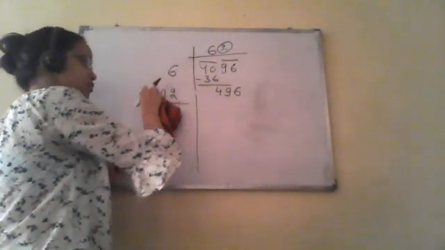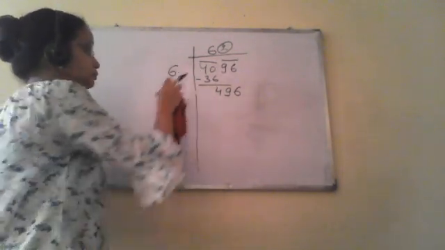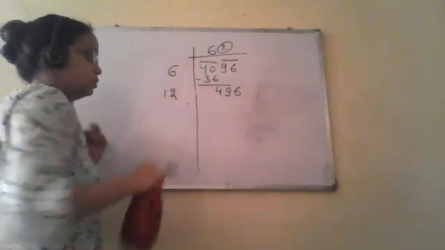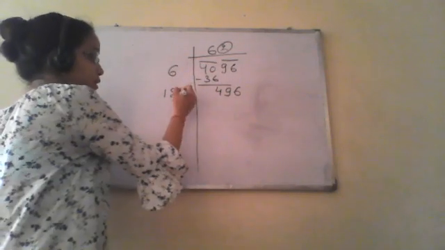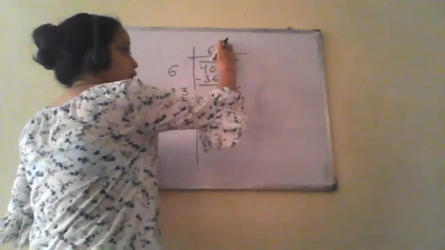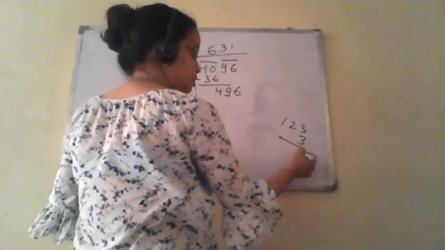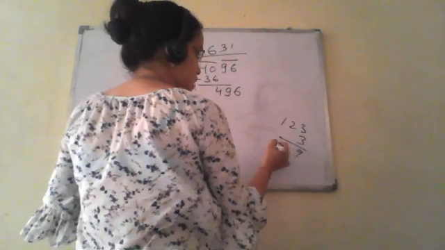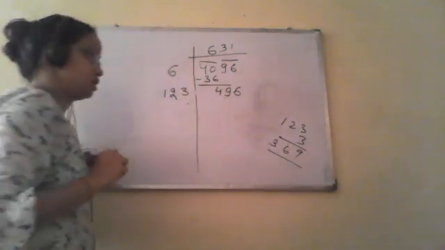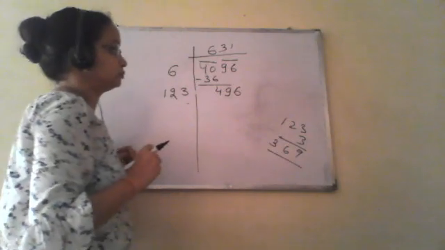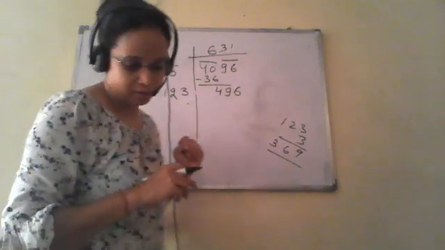So we'll try the next number. If we try 3 and write 3 over here, 123 times 3 is 369. Am I going the right way?